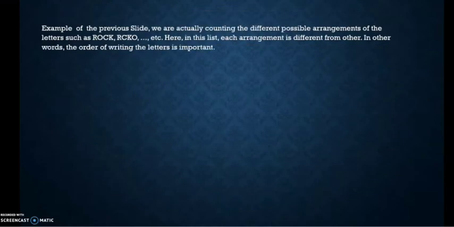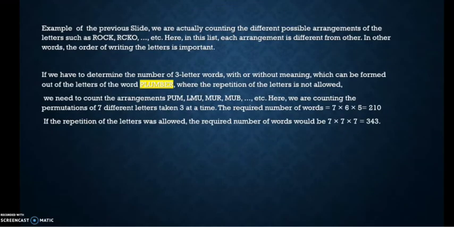In this example, I want to form three-lettered words out of the alphabets of plumber. If I do the same process of the fundamental principle of counting, plumber has seven alphabets altogether.